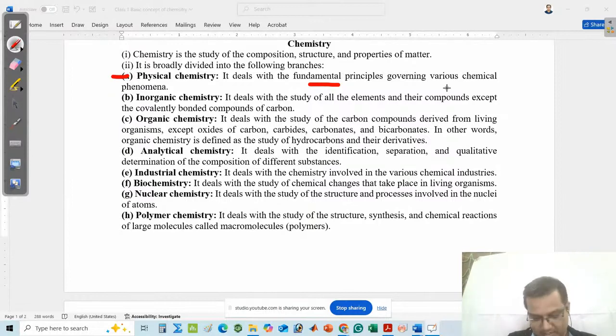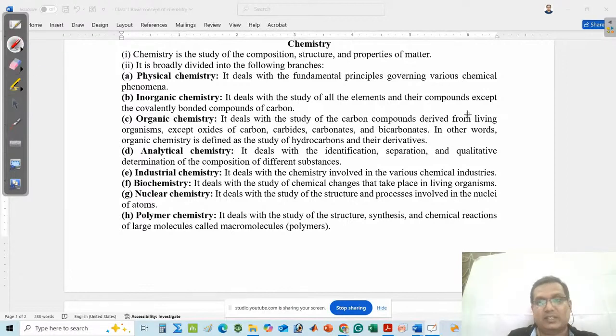You will read some chapters in plus two second year, just like electrochemistry. Then what will be the definition of physical chemistry? Physical chemistry is the branch of science which deals with the fundamental principles governing various chemical phenomena.